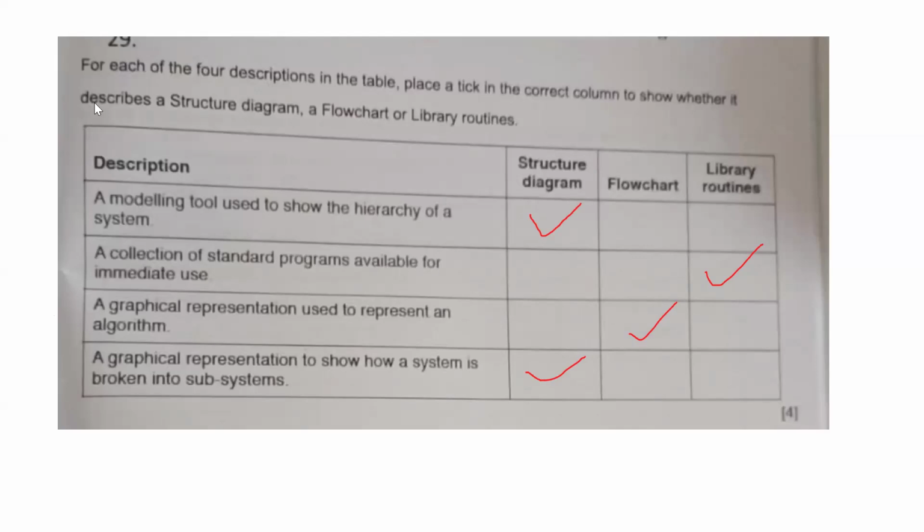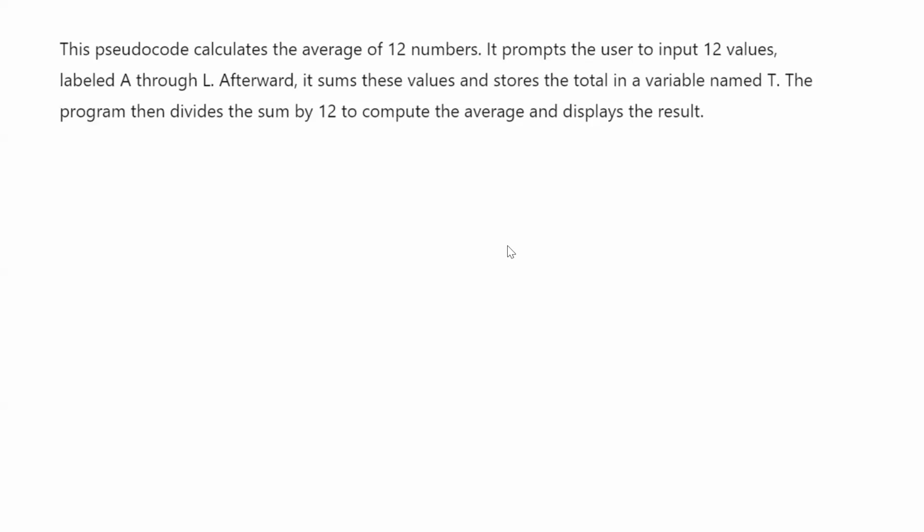Now moving to the next slide. This was your second problem. Input A, B, C, whatever. Then it is totaling and showing the average. Calculate the average of 12 numbers.